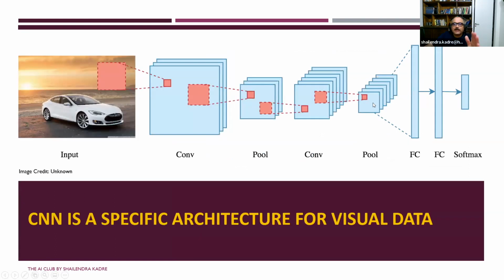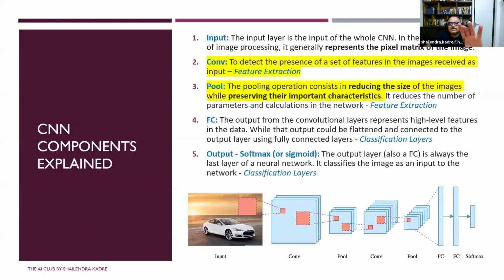It means convolution will extract features, and the pooling layer will further reduce the size by preserving the important properties, important characteristics of the image.